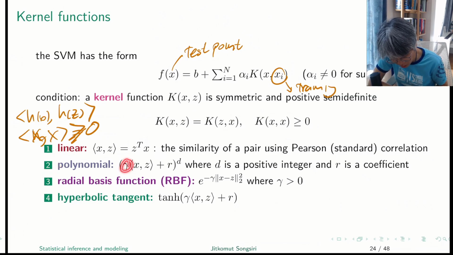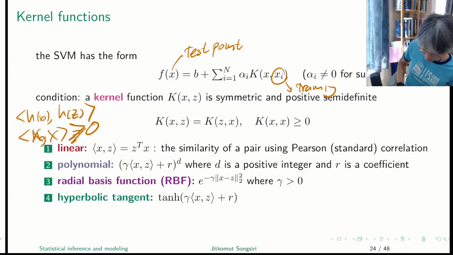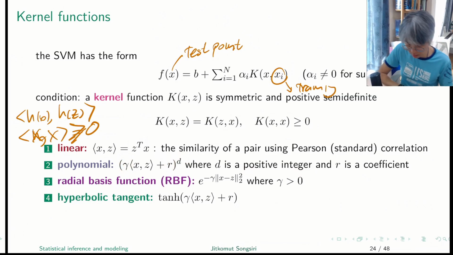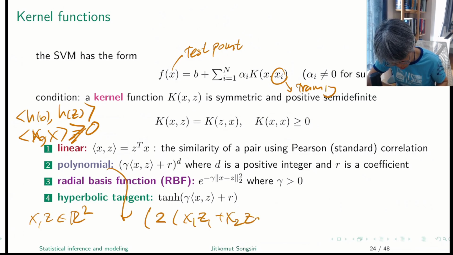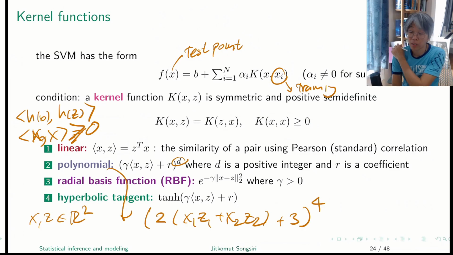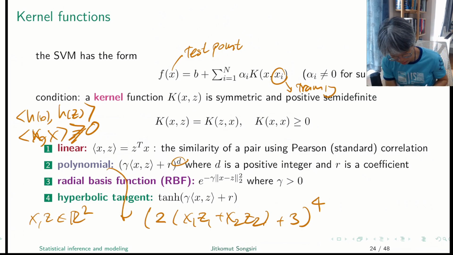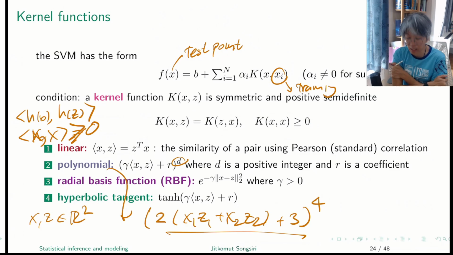There are parameters gamma, r, and d. d is a positive integer, and gamma and r are positive numbers. For example, when x and z are in R2, the polynomial kernel would be like (2 x1 z1 + x2 z2 + 3) to the power d, when d is 4. You see that this is a nonlinear function in the two arguments.